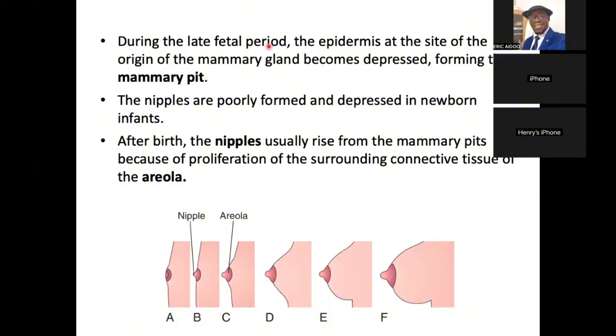During the late fetal period, the epidermis at the site of the origin of the mammary gland becomes depressed, forming the pit. The nipples are poorly formed at that point. At birth, the nipples usually rise from the mammary pit, because of proliferation of surrounding connective tissue. So this is what we are talking about. So you can see that it's now pointing from A all the way to F. It's now protruding.